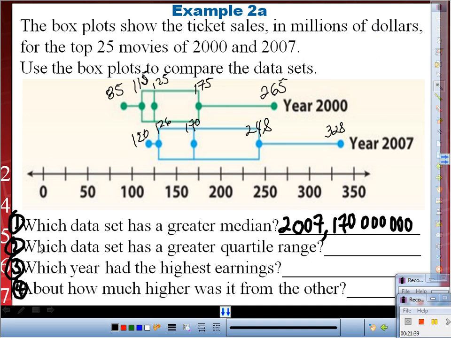Number 2. Which data set has the greatest quartile range? They're asking us for the IQR. Tell your neighbor how to find the IQR for each data set.